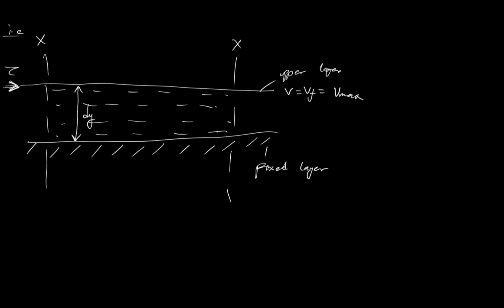So the top layer causes a shear stress on the adjacent lower layer, while the lower layer as well causes a shear stress on the adjacent top layer. This shear stress is proportional to the rate of change of velocity with respect to the depth, which is dy.